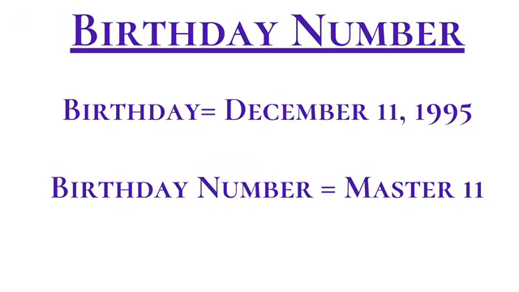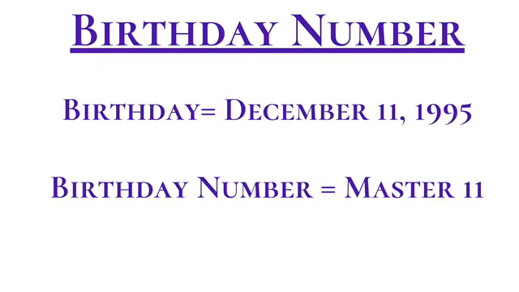Now in this example, December 11th, 1995, this person was born on the 11th day of the month, and 11 is a master number. So we do not add the two ones together because 11 is a master number. And there are three master numbers in numerology, 11, 22, and 33.